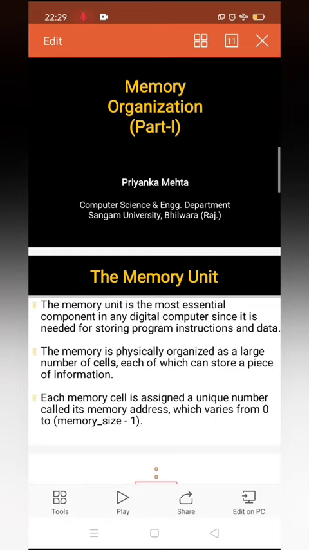Now, the question arises that when a memory is partitioned into multiple cells, how can an individual cell be uniquely identified? For that, each memory cell is assigned a unique number which is called its memory address. This memory address varies from 0 to the total memory size minus 1.